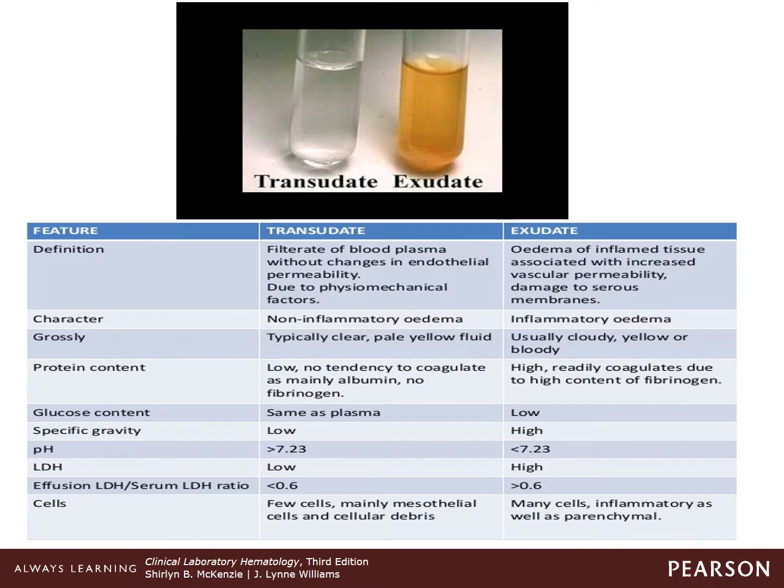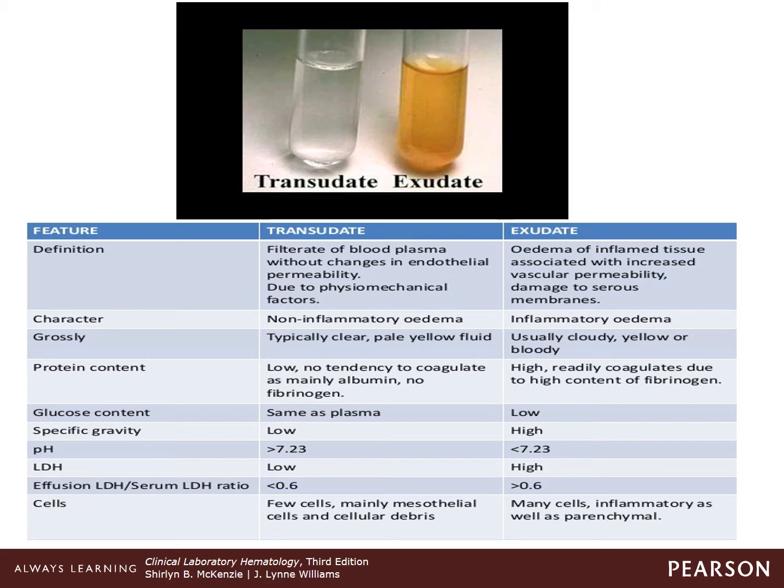So now let's classify the types of fluids that could be removed from the serous fluid cavity. Effusions are classified into transudates and exudates. A transudate is a fluid accumulation from some kind of systemic disease, whereas an exudate is a fluid accumulation from some kind of pathological state of the area. When we look at these types of specimens, we have to see their characteristics. A transudate is non-inflammatory.